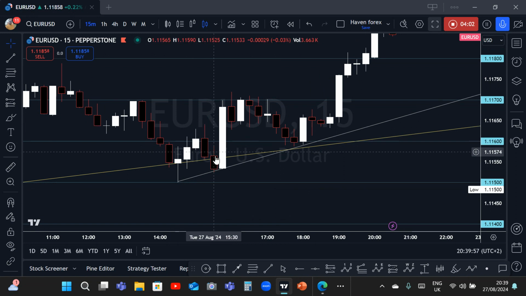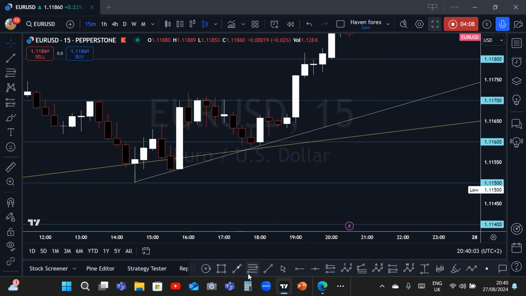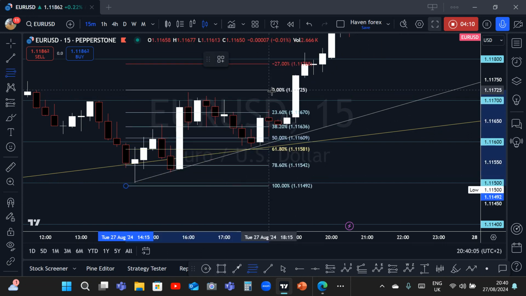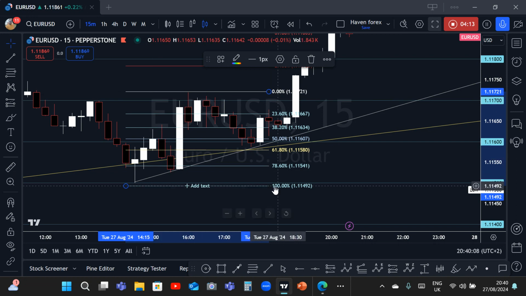Once you see a change of character and a swing high, all you need to do is bring out your fib from the swing low to the swing high, then wait for price to pull up to this discount level between 50%, 61% to 78.6%. Once you see a formation of a candlestick here that signals buy, you just place your entry.